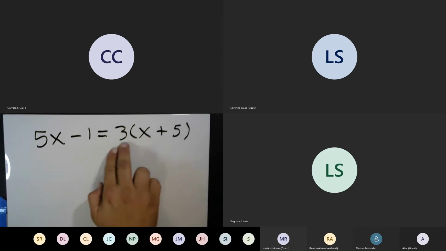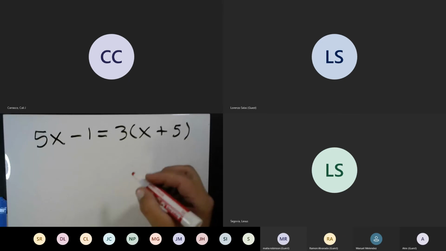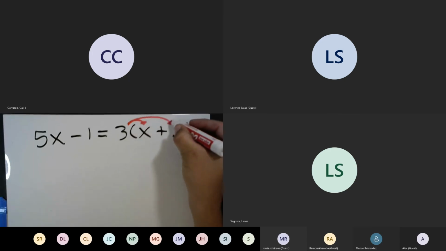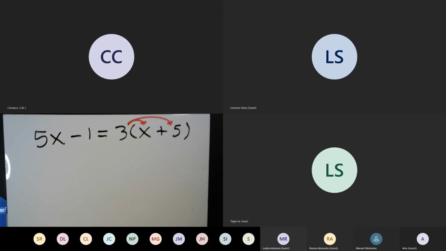But in this situation, we've got something else. So what we do in this one is we start out by distributing. Because we have x on two sides, we're not sure really how to undo any of these x's, how to dig them up.